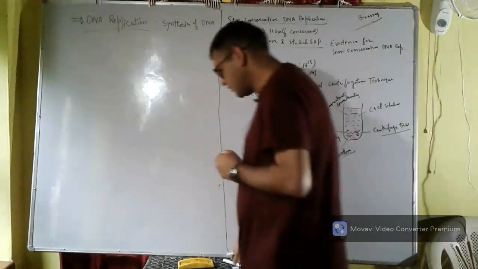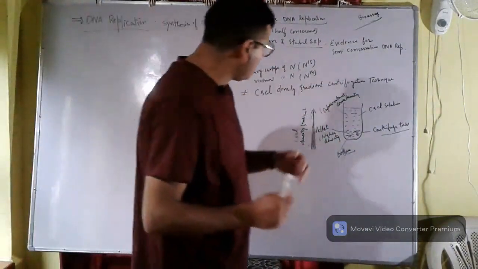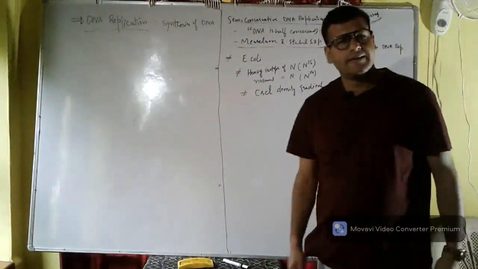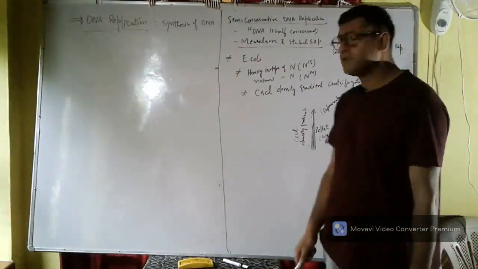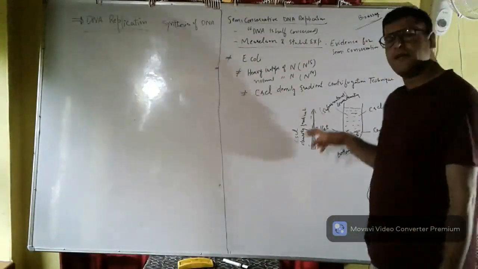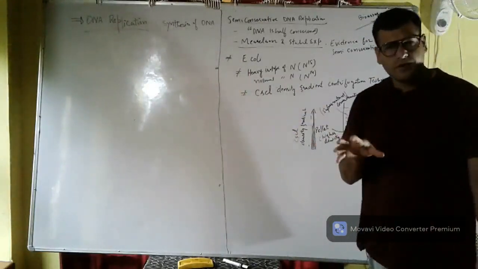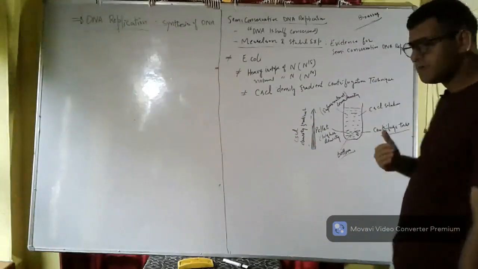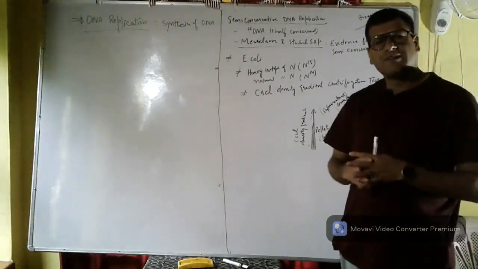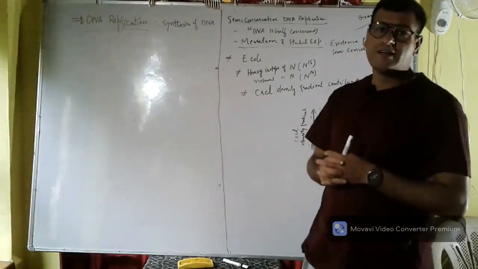In this experiment, they want to prove that DNA replication is semi-conservative. If we put DNA molecules of different densities in this cesium chloride solution, we find that these DNA molecules will separate according to their densities.